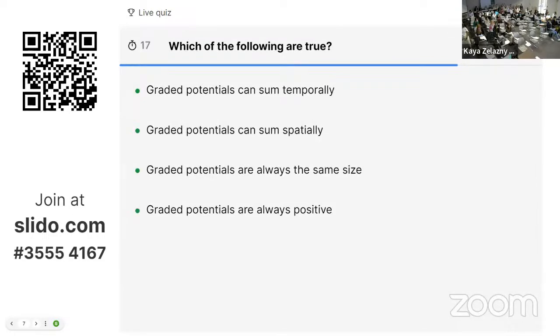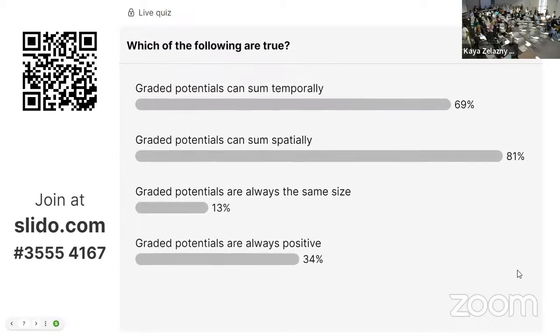Only these first two are true. So graded potentials, it's all about adding them up, adding together multiple signals.